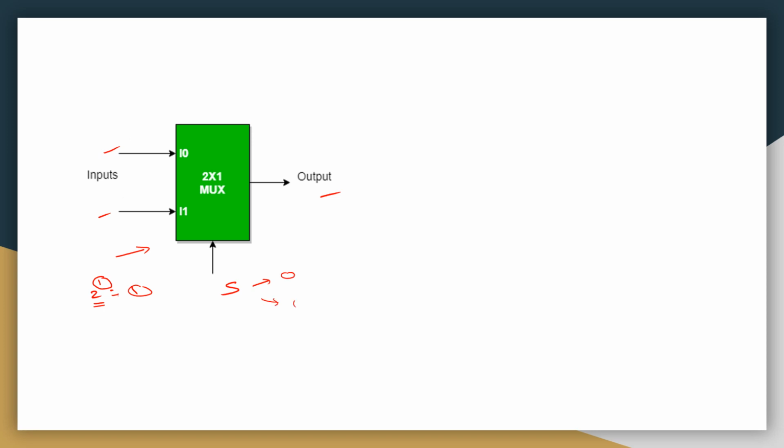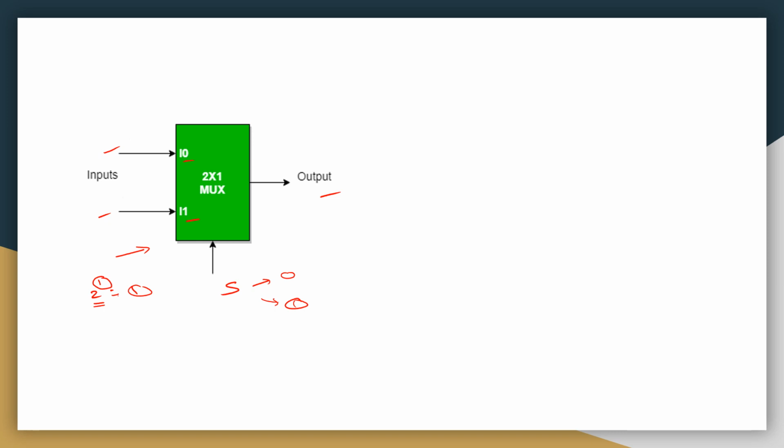If S is 0, then I0 is processed. If S is 1, then I1 is processed. That is an example of a 2:1 multiplexer.